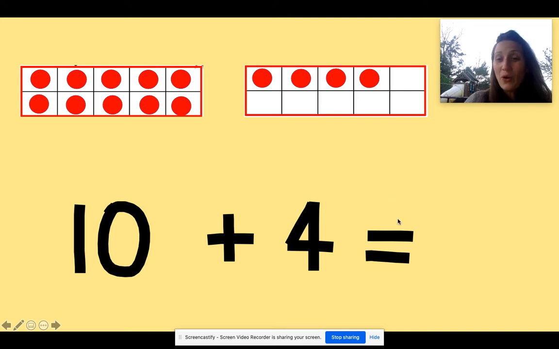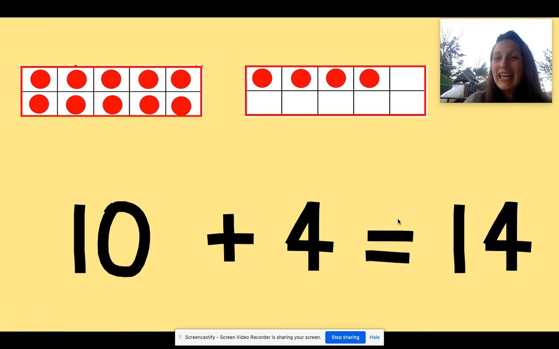So 10 plus 4 is equal to 14. There it is. Okay, can you please read this number sentence with me? All together, here we go. 10 plus 4 equals 14. There it is. Great job.